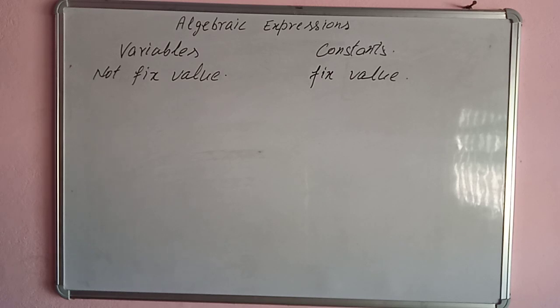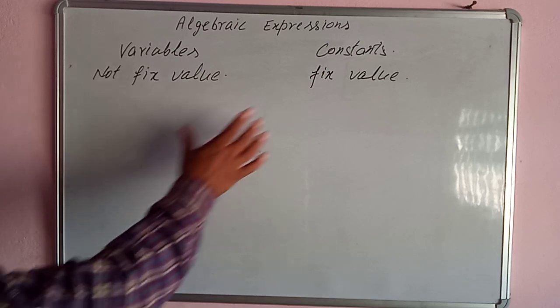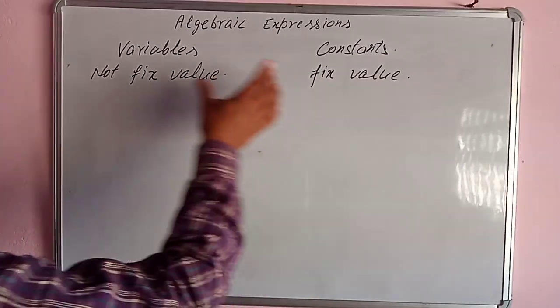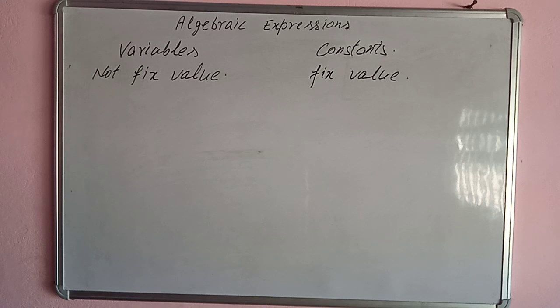The side of a square may be a big square or a small square, so it has different values. These are examples of variables. Is this clear? What is the difference between constant and variable? A constant has a fixed value, simple, and a variable does not have a fixed value. Its value may vary. Vary means different.